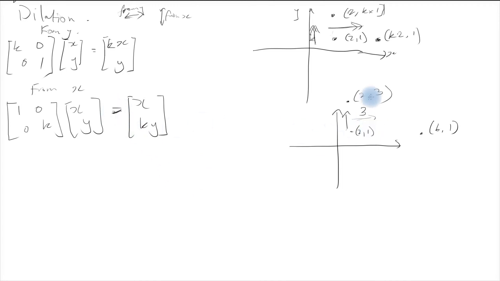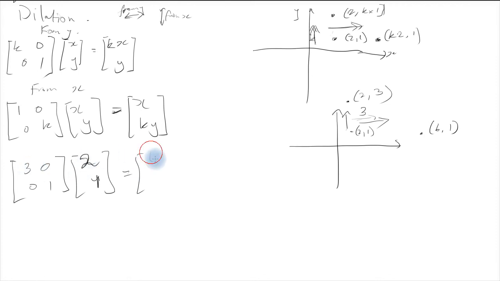Let's do some of these examples. Let's start with the dilation from y, the one going across. We're doing a dilation of 3, so we have 3, 0, 0, 1 multiplied by 2, 1. So 3 times 2 is 6, and 0 times 1 is 0. Then 0 times 2, and 1 times 1, gives 6, 1.